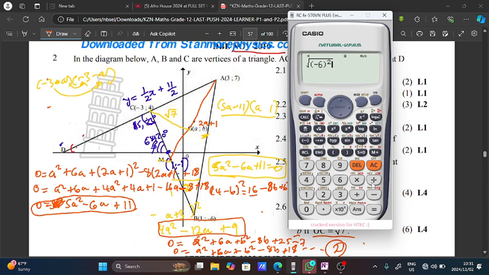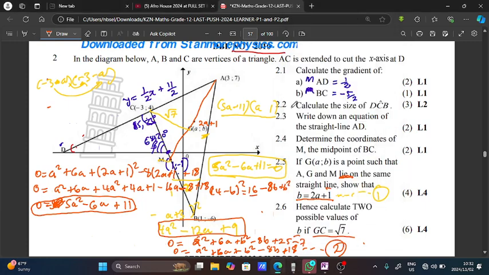Negative 6 squared minus 4a, 5, c. The error is this positive 11. It was supposed to be negative 11.